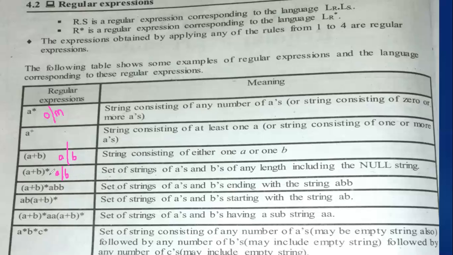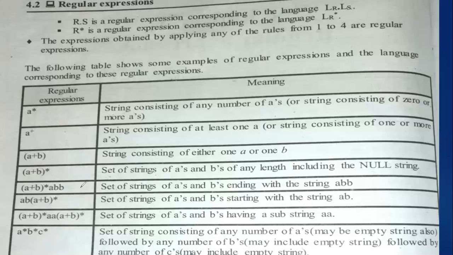Double A is also possible, double B is also possible, and infinite A's and infinite B's are also possible. A combination of A and B is also possible. Why? Because we have a whole star condition over here. If this whole star is substituted for different times, then what do you get? A plus B within a bracket, how many number of times?